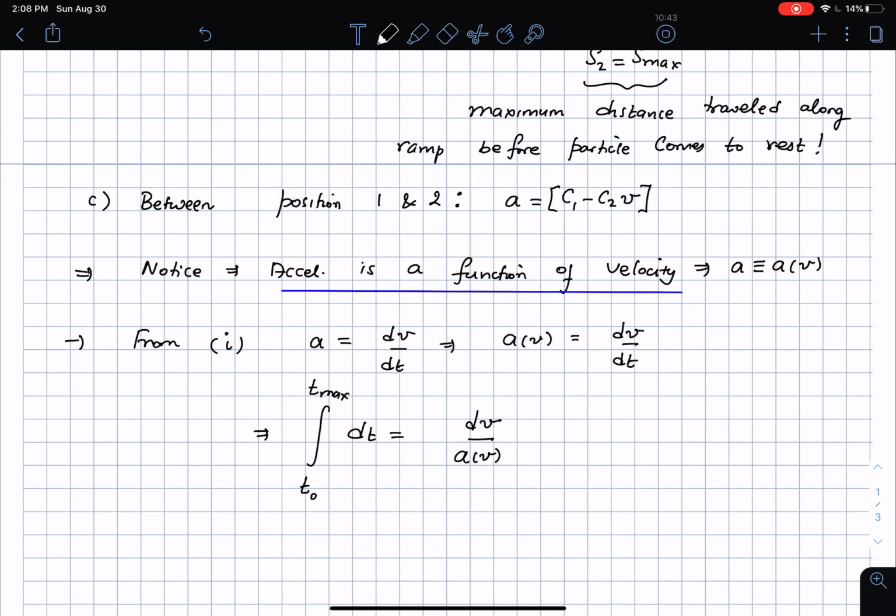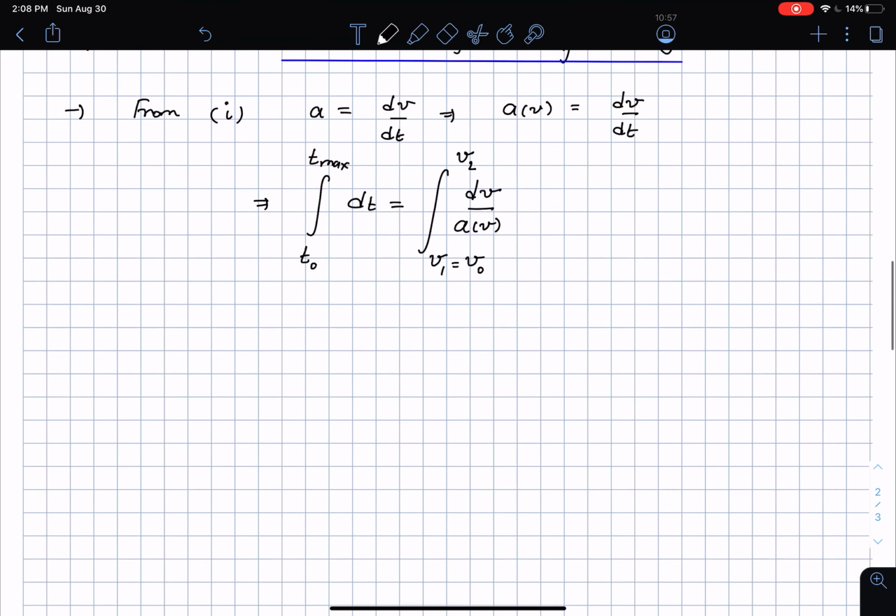This integral goes from the velocity at position 1 all the way to the velocity at position 2. Velocity at position 1 is the same as the initial velocity of the problem. And so if I do the integration, I have the following.